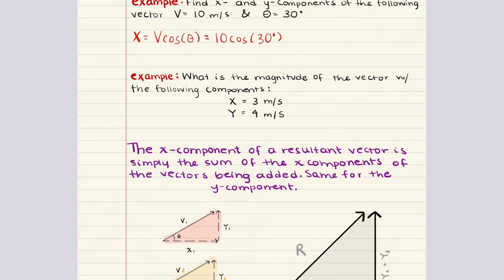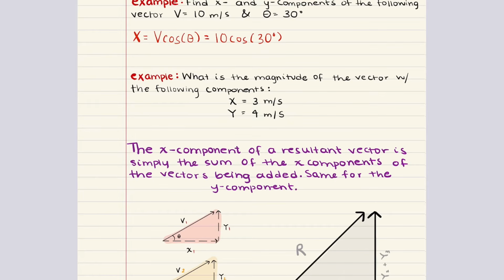Now, if you do not know your values for cosine 30, and you're going to see sine 30 here as well, that is totally okay. We're going to cover these kinds of topics in chapter 10, where we discuss mathematics and how to approach mathematics on the MCAT. So don't freak out now. We're going to cover it later down the line.